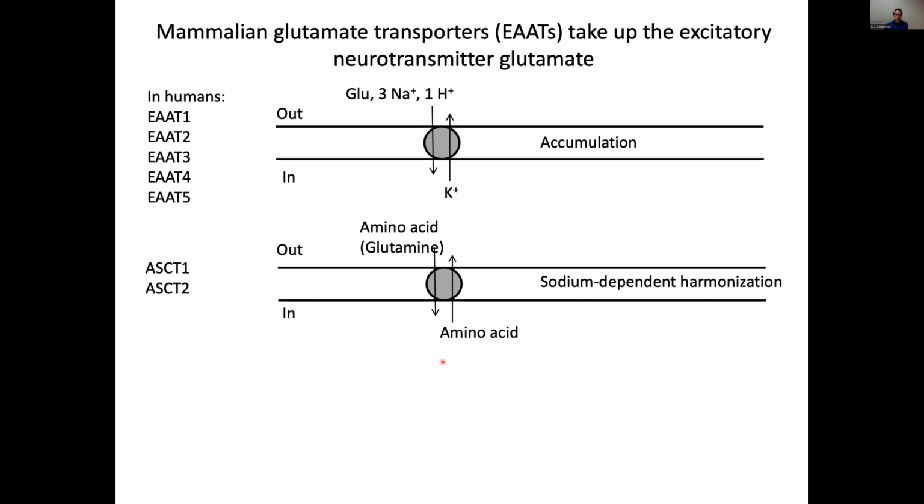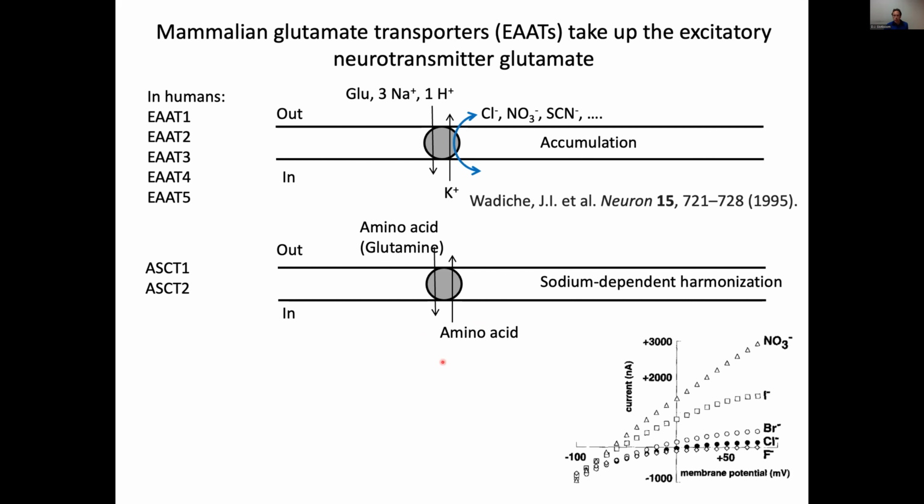Now, both of these subtypes also have something special, and that was discovered by a couple of papers in the 1990s already: apart from this coupled transport of glutamate with cations, there is also an uncoupled anion channel activity. So these transporters can act as glutamate-gated or sodium-gated channels for chloride, which is probably the physiologically relevant one, but also other anions like nitrate and thiocyanate.